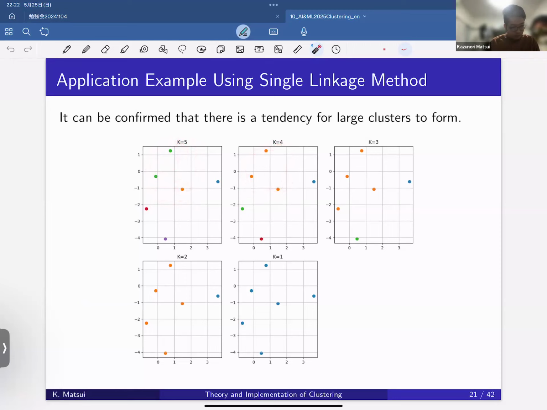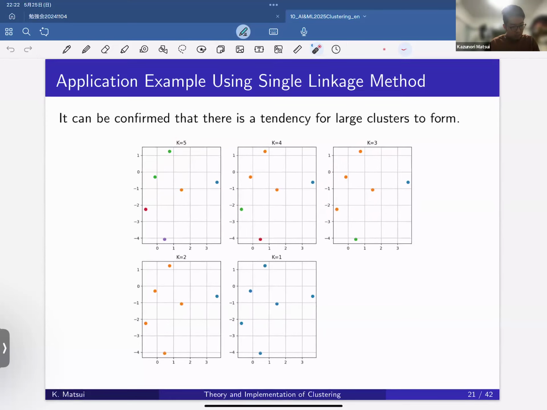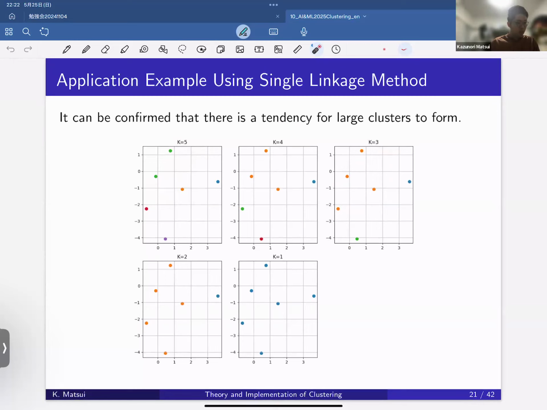What's close to this is apparently green, so it becomes orange, and so on. Finally, everything becomes orange. In this way, we can confirm the tendency for large clusters to form.